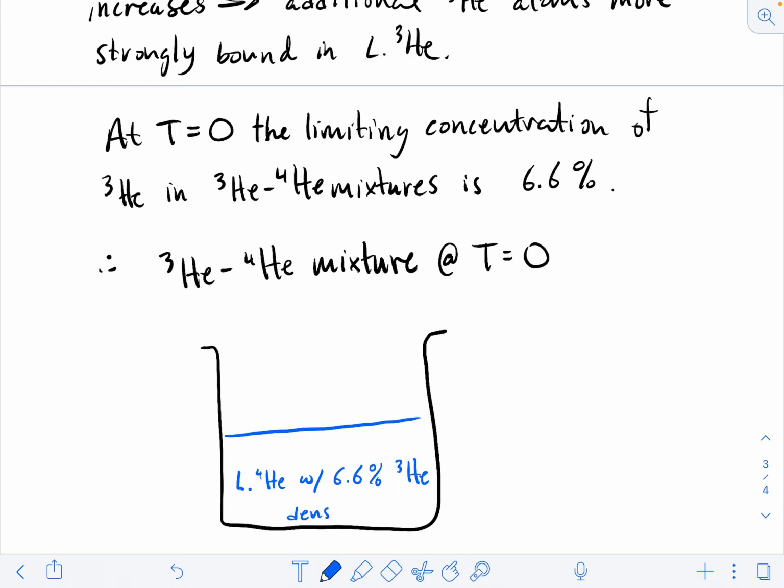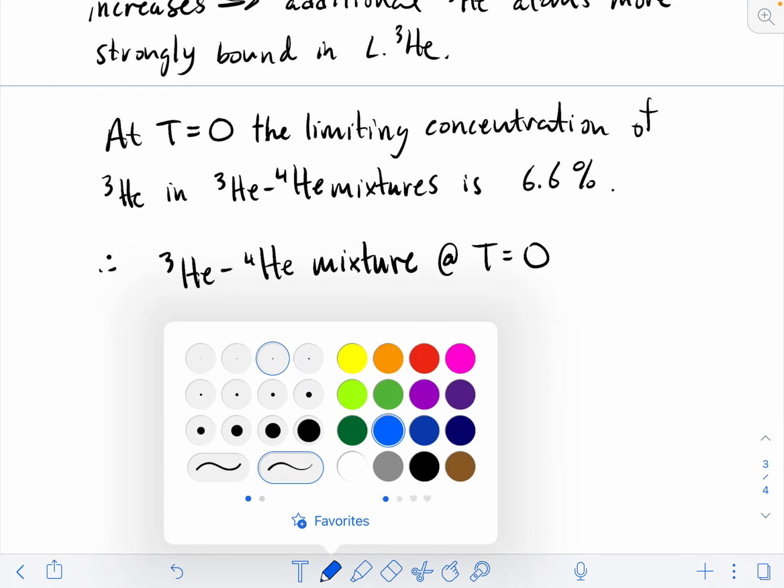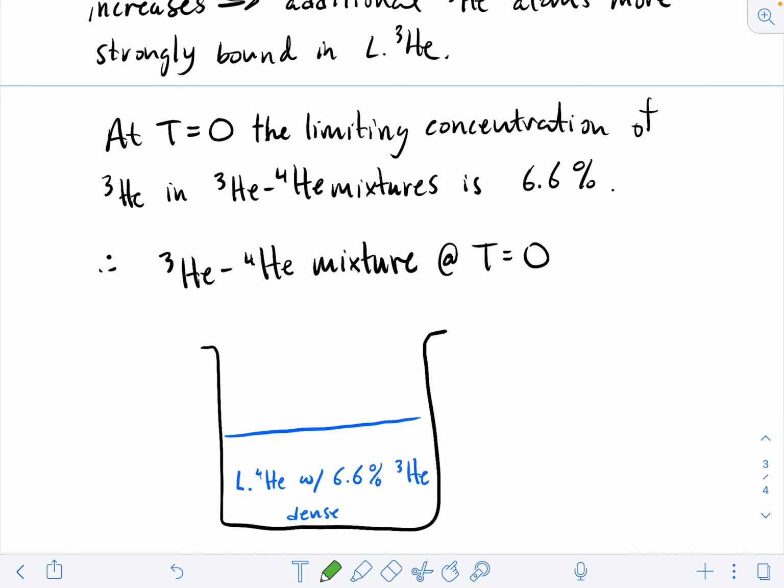And this liquid is dense because there's lots of helium-4 atoms in there, and helium-4 is a more dense liquid than helium-3. And then on top of that, what we have is a layer of pure liquid helium-3.